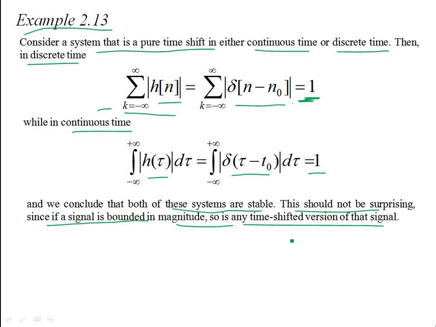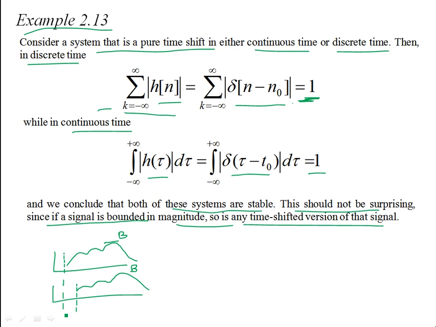If there is an uppermost bound on the signal x of t, and you shift this signal by some amount, let's call this shift t naught, the bound stays there and the amplitude is still there.